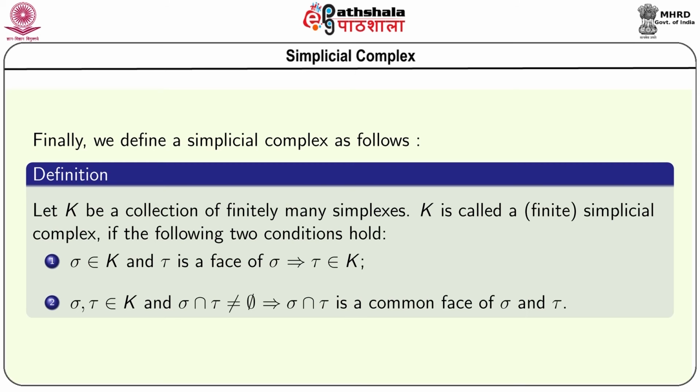Suppose one is a simplex of dimension k and the other one is a simplex of dimension m. The portion where they intersect, we are not claiming that it has to be non-empty, but if it is non-empty, then that intersection portion should again be a simplex which is a face of sigma as well as a face of tau.